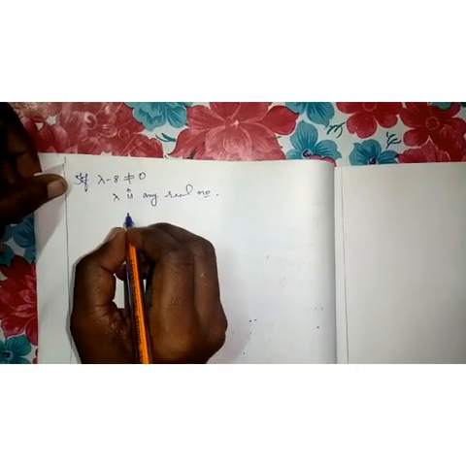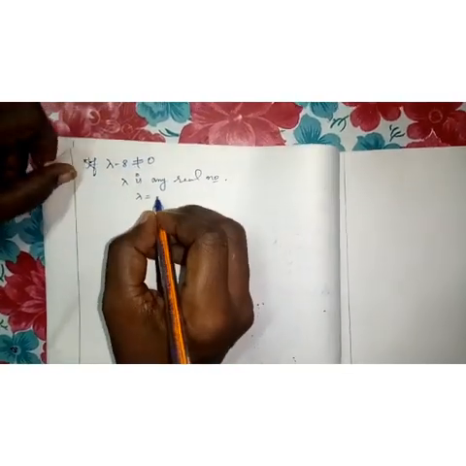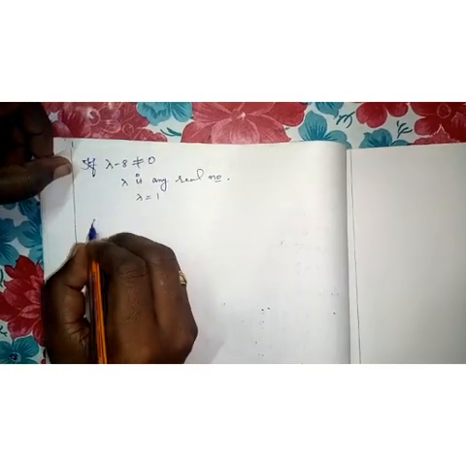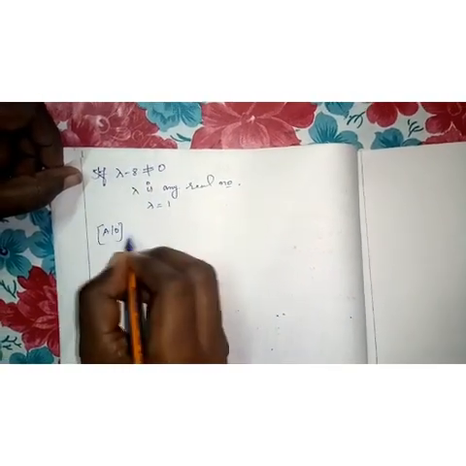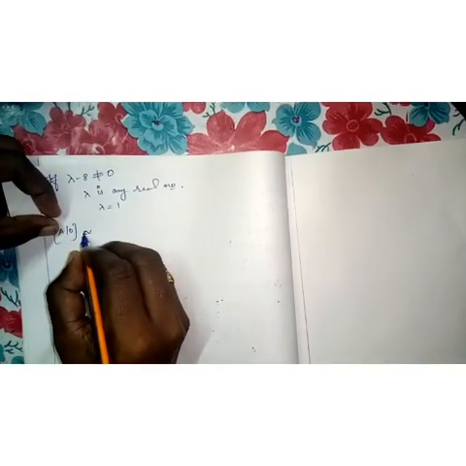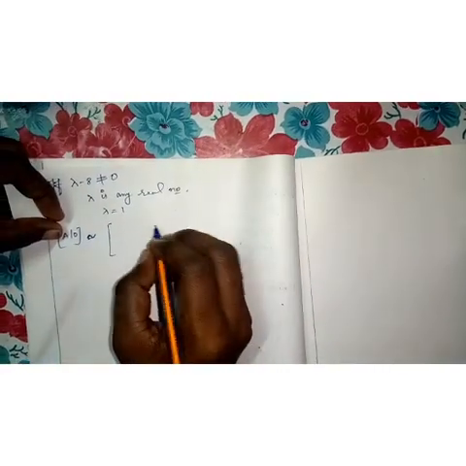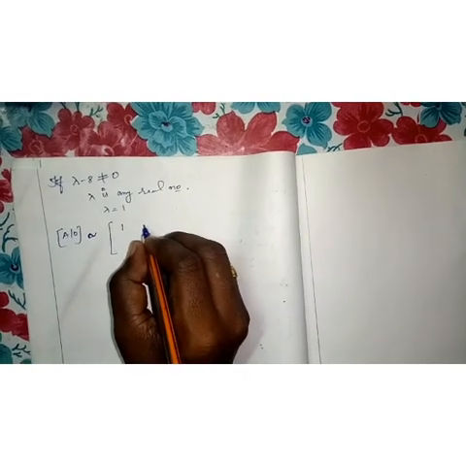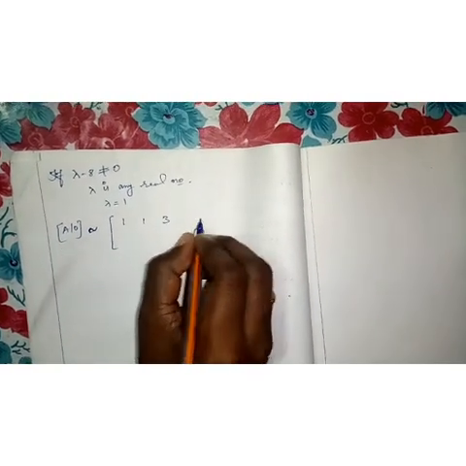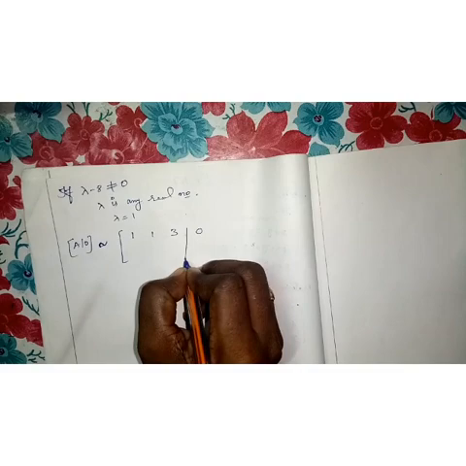You can take any number. So shall I take lambda equal to 1? So A bar O equal to, I want to apply here, 1 1 3 0, correct?